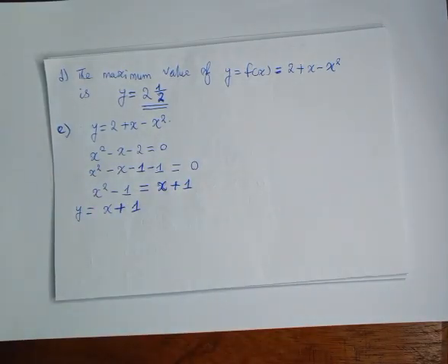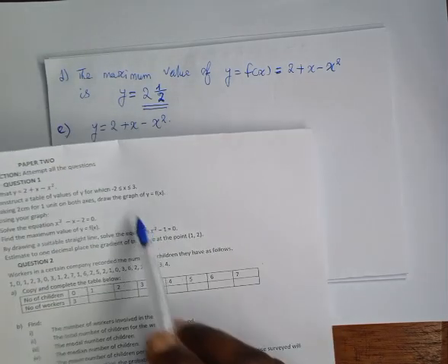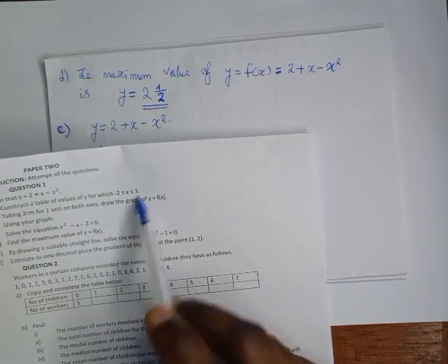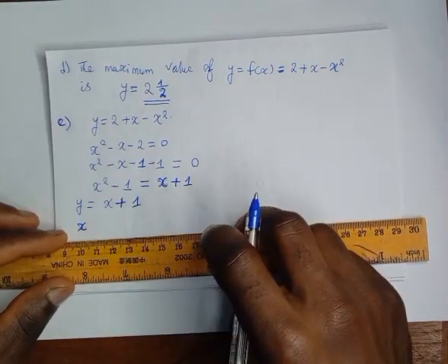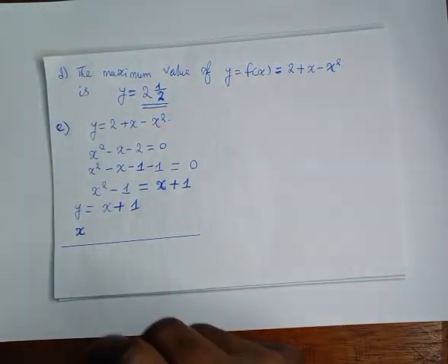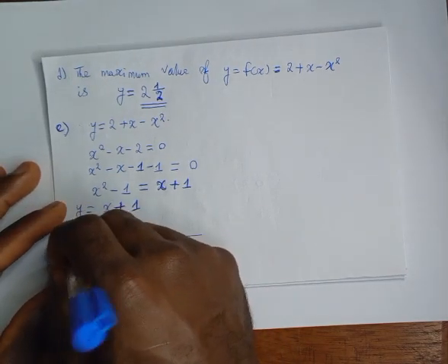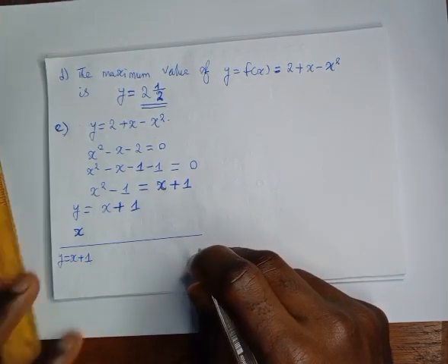Now, the next thing, we are going to build a table of values for x and y, making use of this given range of values of x. The first row, we have x. The second row, we have values of y, which is equal to x plus 1.